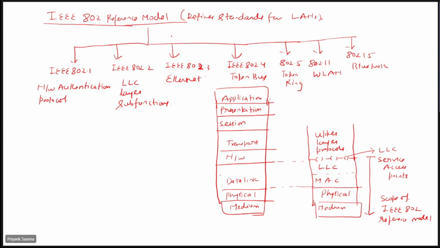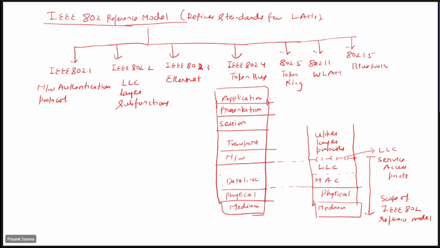Actually, this reference model was put in place to streamline things, because earlier nothing was standardized. Now all our protocols are standardized. Bluetooth, okay, we all are using Bluetooth, so it is 802.15, we know, and all the devices using Bluetooth, whether it is your earphone, your mobile phone, or any other Bluetooth device, they all use the same thing. It was not like that earlier.